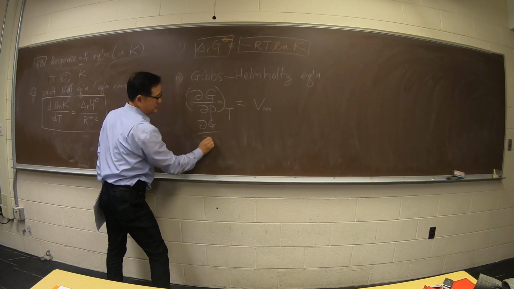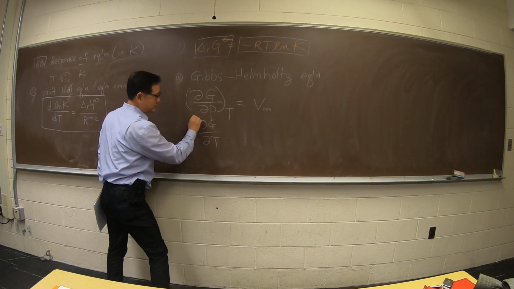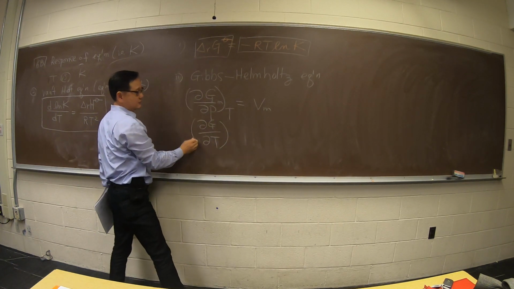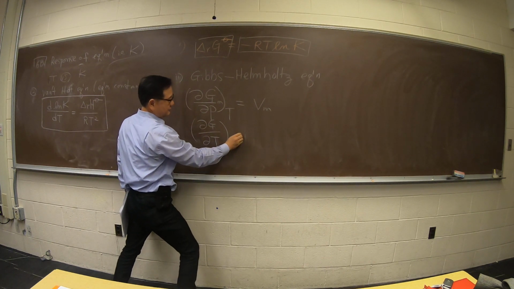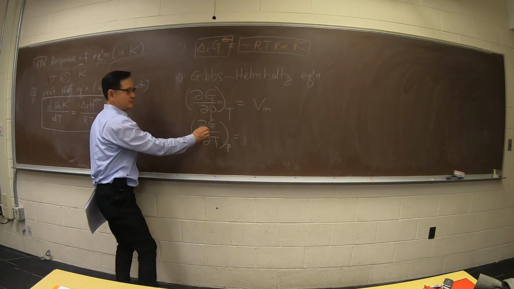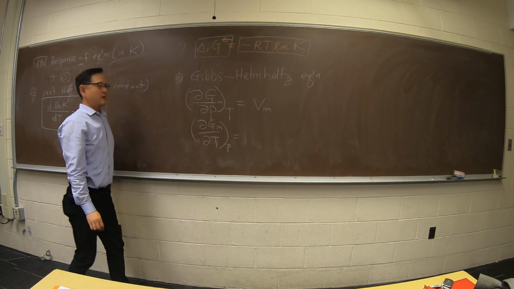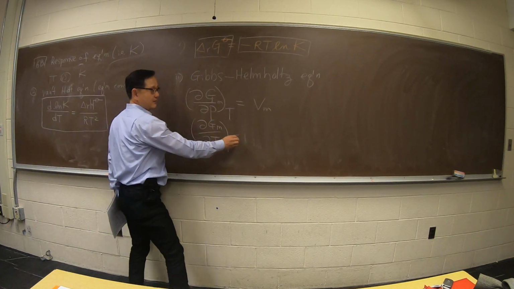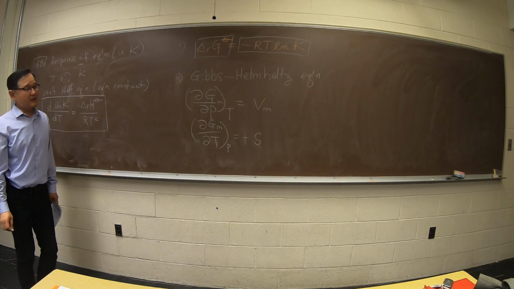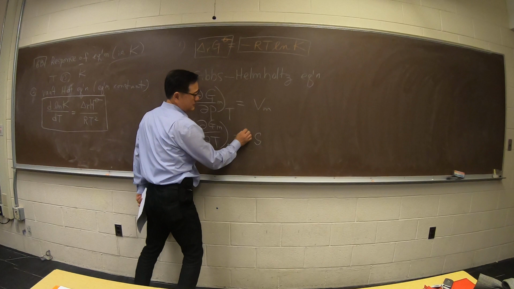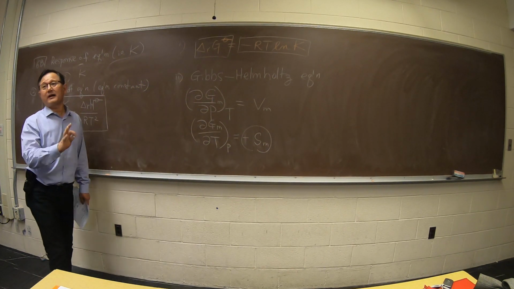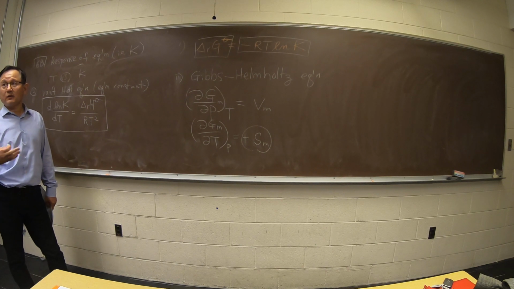I want to know how the temperature changes G. This is somehow related to that. And what about dG over dT? You guys remember it? It's minus S. But like I said before, entropy is not such a friendly thermodynamic quantity that you can easily measure.